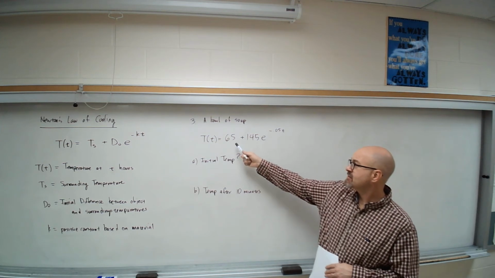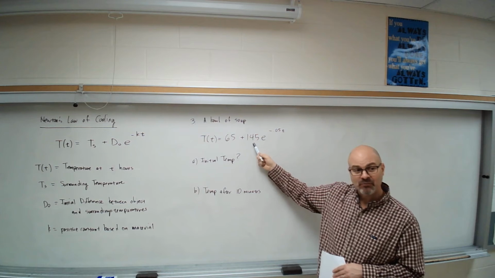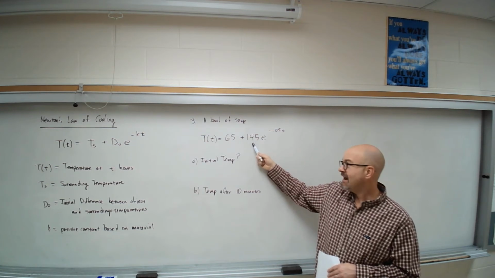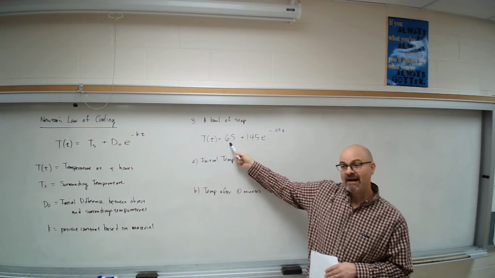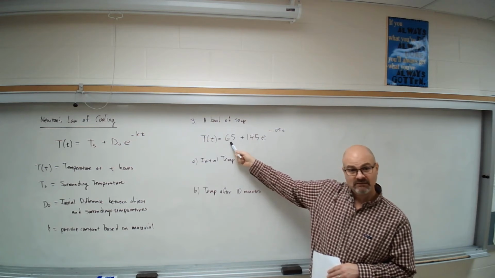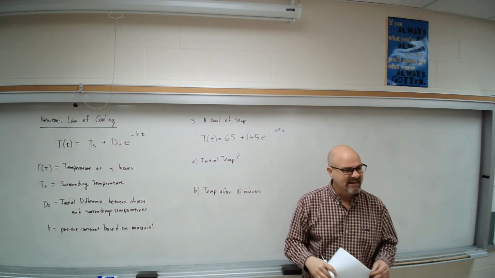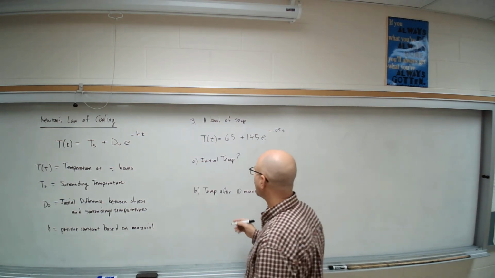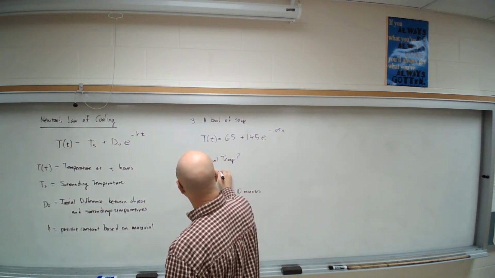But we know this is the surroundings temperature, correct? And this is the difference between the soup and the surroundings. So that means the soup is 145 degrees hotter than the surroundings. So that would tell us the initial temperature of the soup would be, is that 210 degrees? I added wrong on my paper. So you could reason it out, or you could just trust the function.